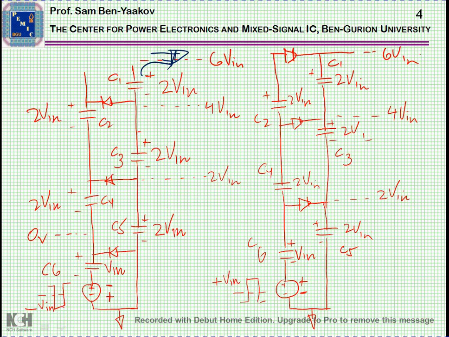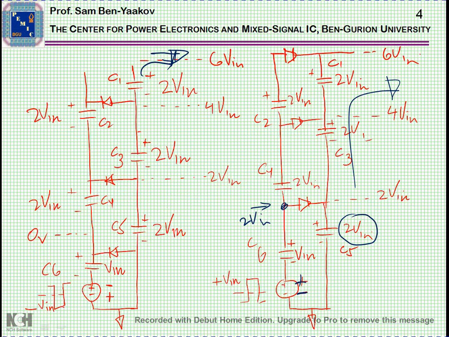Let me start off with the positive half cycle. In this case, we have the polarity of the source this way, and therefore the voltage at this point is twice V in. This capacitor is charged to V in, but meanwhile it's discharged a little bit because charge is being drawn to the output.